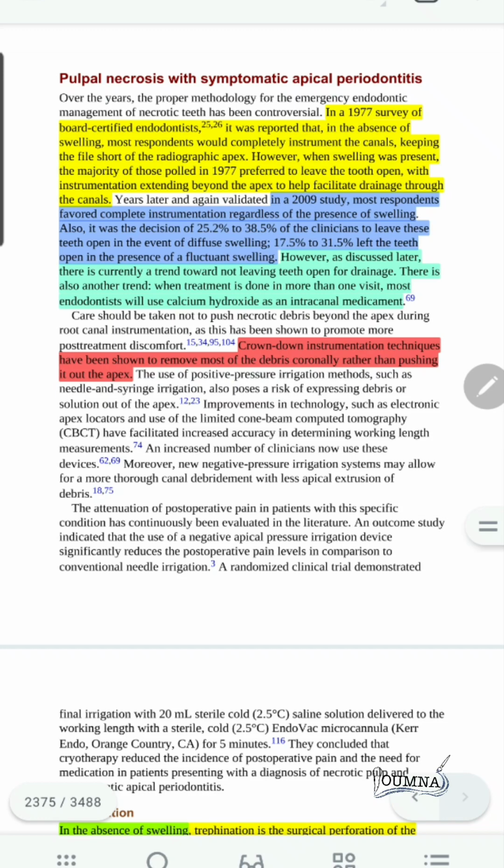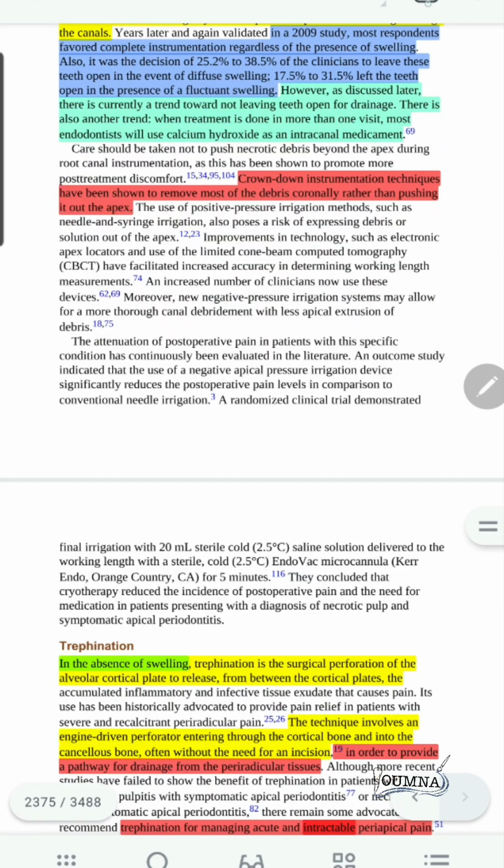So we allow the canal to drain the abscess that is inside in the radicular area. Then we do the crown down instrumentation technique, which removes most of the debris coronally rather than pushing it out of the apex.